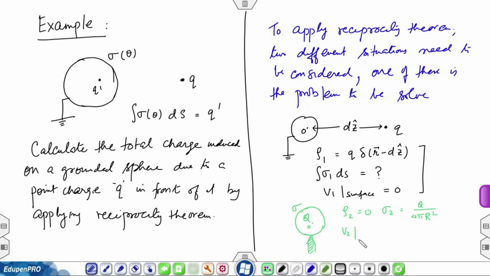V2 on the surface is equal to q over 4 pi epsilon 0 r, where r is the radius of the sphere. So, we have created two situations. The first one is the original, and we want to apply the reciprocity theorem to this. So, let us do that.